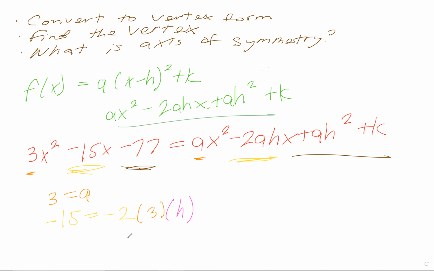Okay, so what do we do now? We multiply. So negative 2 times 3 is negative 6H, which is equal to negative 15. Okay, H is 2.5.